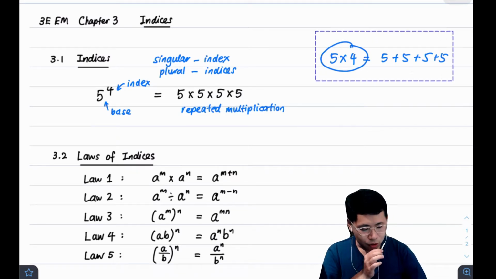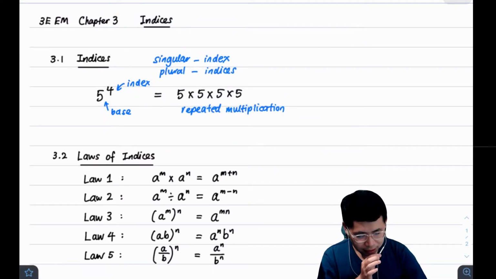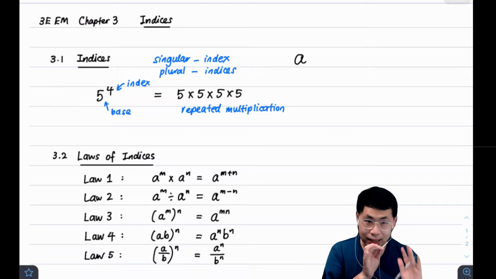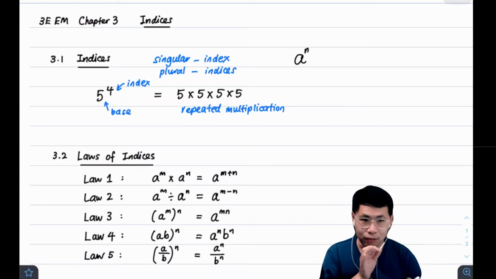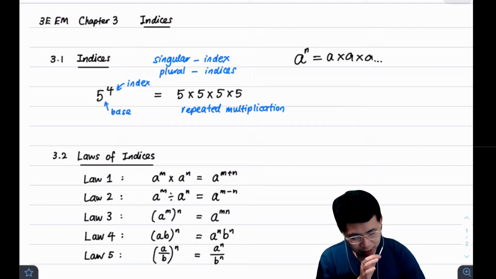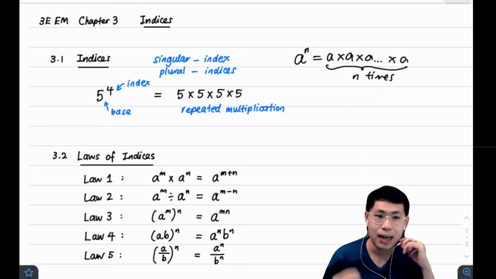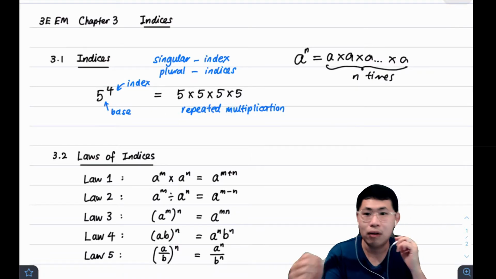Now, in general, whenever we have a number, base a, raised to the power of n, this means that we are referring to a times a times a all the way, and this will last n times. We repeat this process n times to get our a to the power of n.